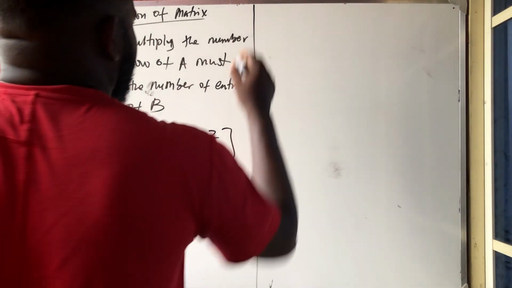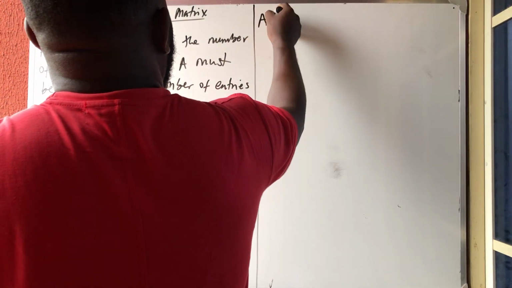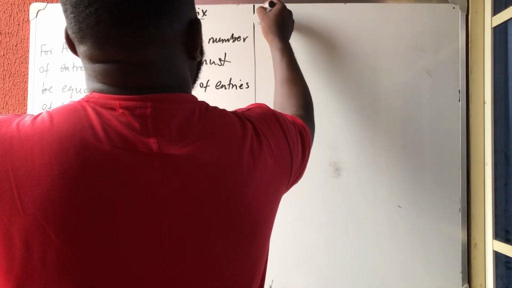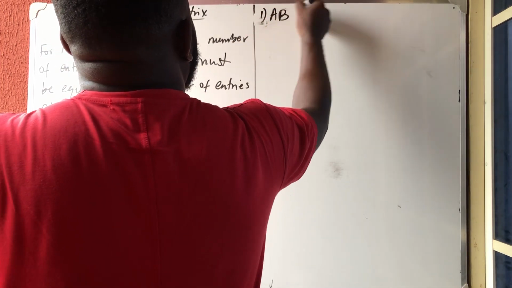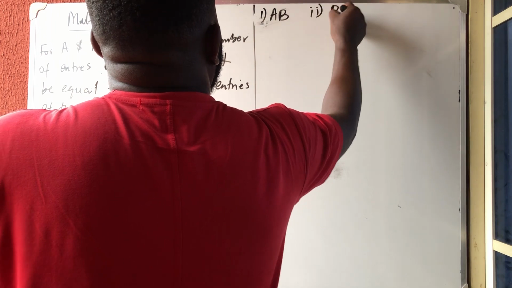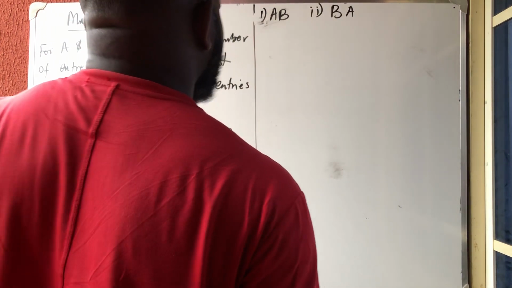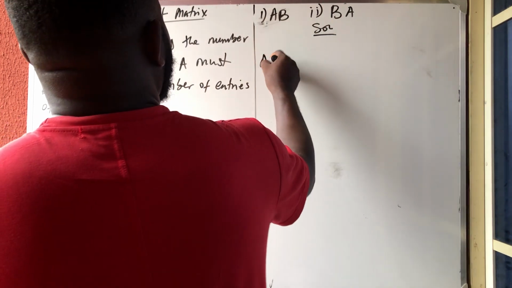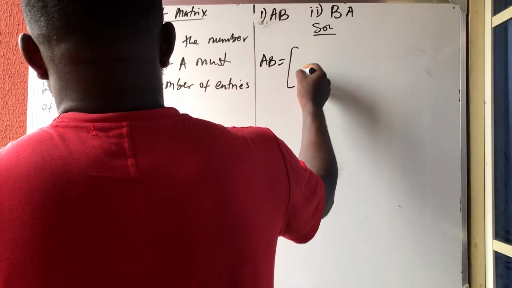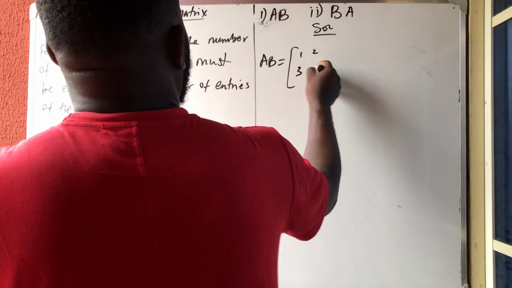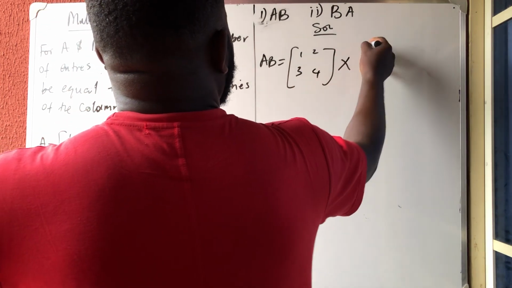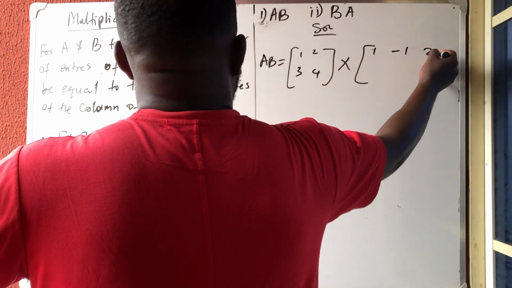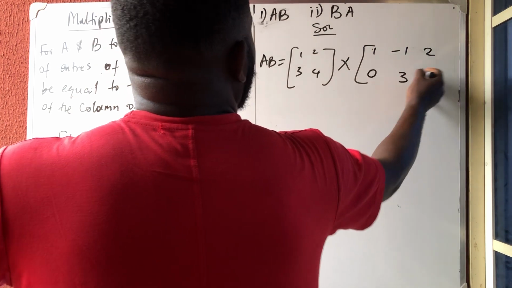They say we should find AB and BA. So let us find the solution. We are having that AB is 1, 2, 3 and 4 multiplying by 1, minus 1, 2, 0, 3 and 5.